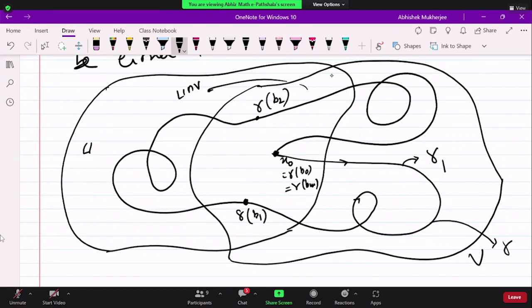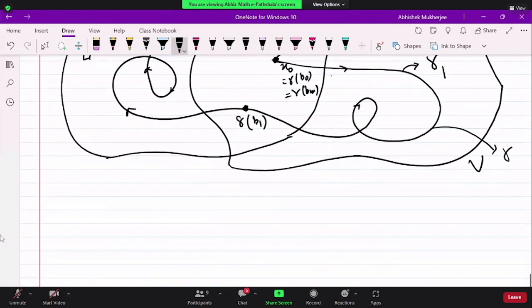Then again you start from gamma b1 and move forward in this direction and end at that point. Let us call it gamma 2. You can continue this process for the images of each of the corresponding subdivision points.